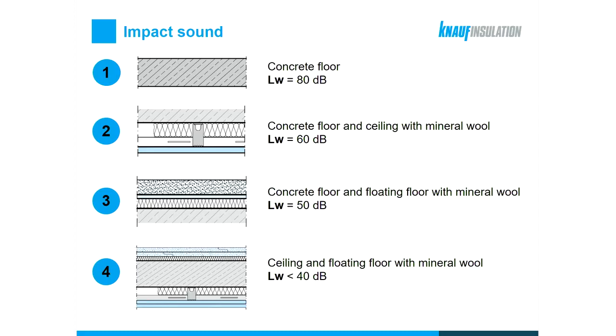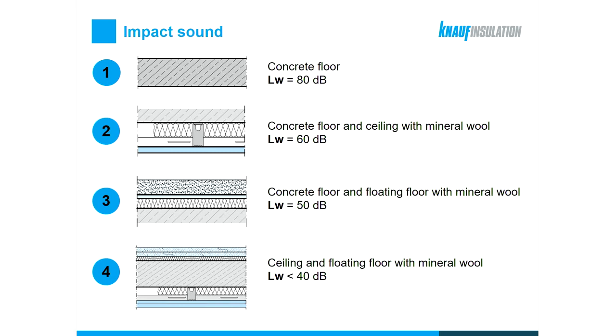And if we pair these two solutions, so we provide the floating floor above the concrete slab and we provide a ceiling below the concrete slab, we can now expect an impact noise level to go even below 40 decibels.